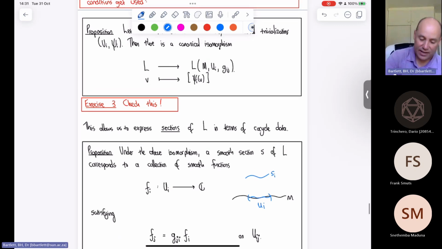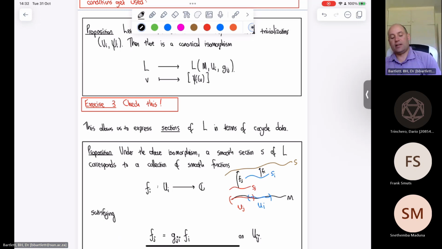Now, let this brown thing s be a section. Then over Ui, I can write s as some function fi times si. Whereas over Uj, which has its own section sj, I could write s as fj times sj. And of course, these two expressions have to be equal on the overlap.